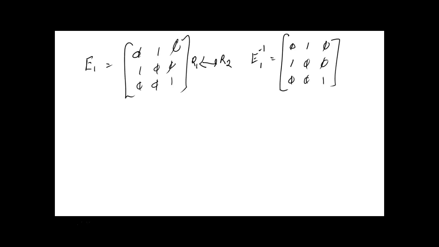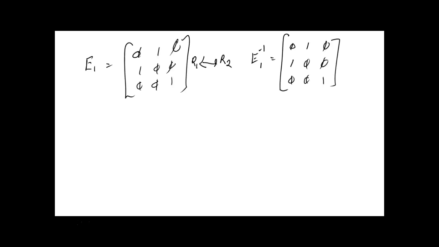Because if you do that to this one, you're going to go back to the identity matrix. And that's what makes it an inverse matrix. Okay? So those two look identical. If that had been the first and third row, that would have been the first and third row. This would have been the second and third row, that would have been the second and third row. They are identical. They just undo themselves.